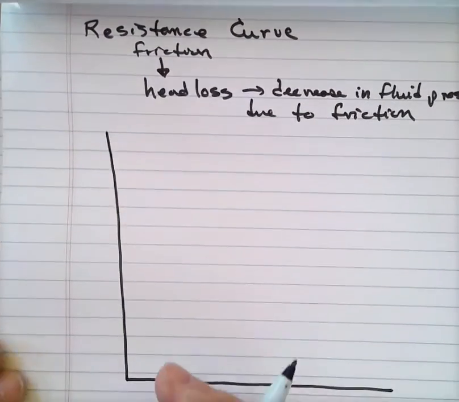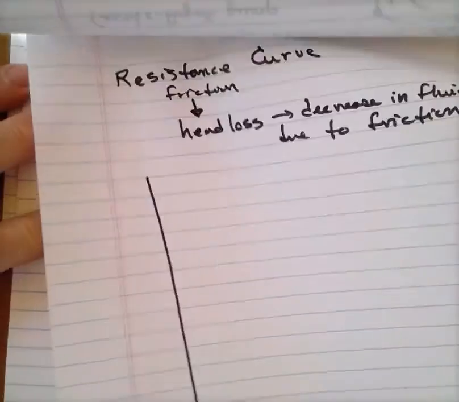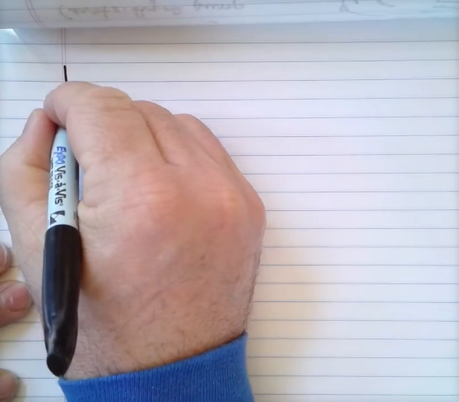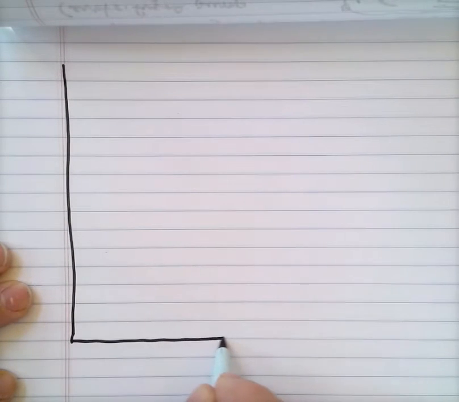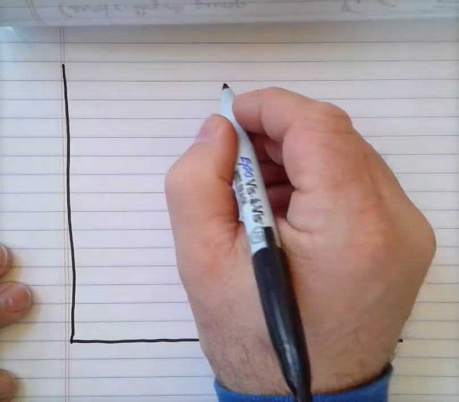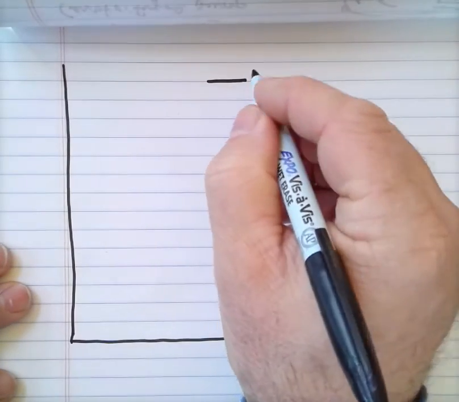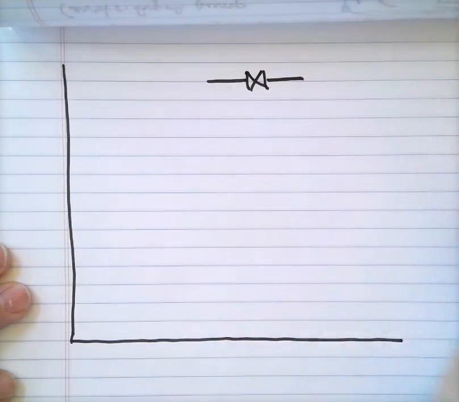We can take a look at a plot of the head loss in a system. Let's just say that our system consisted of one valve.